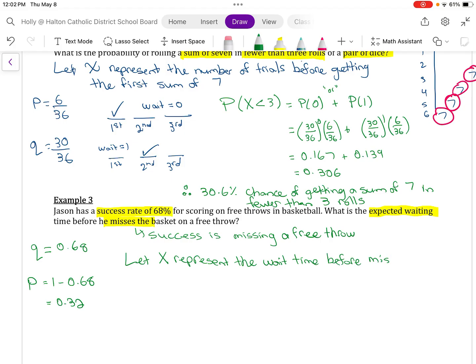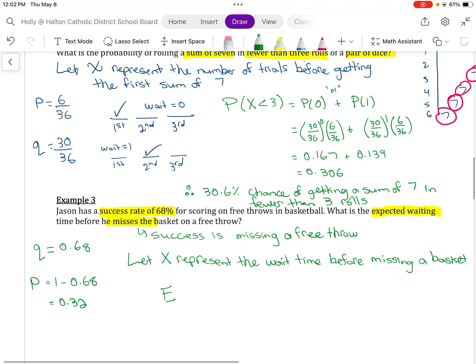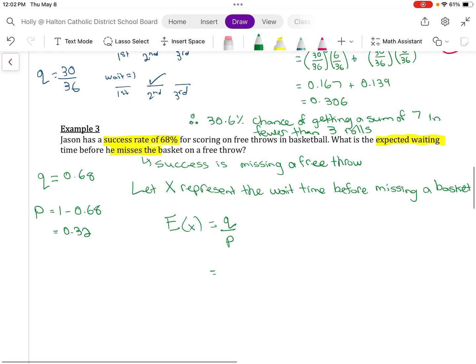So he's getting all these shots in, and then finally he misses a shot, and that's our criteria we are looking for. We're looking for expected, so expected wait time is equal to Q over P. This is not probability, so we can take our Q, that's him actually getting a basket, divided by not getting a basket.